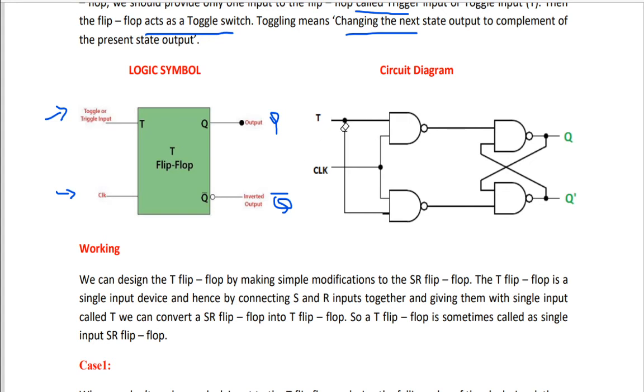Whatever input we have, the same input is going to the R also, to the upper NAND gate. So we have the S input to the upper NAND gate, and we have the R input, and we have the clock pulse going to both the upper and the lower NAND gate.